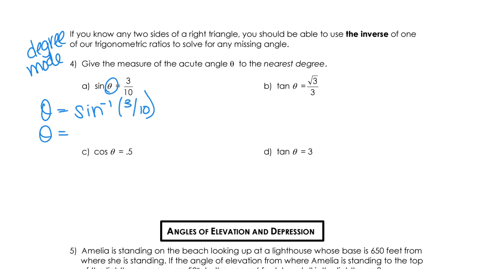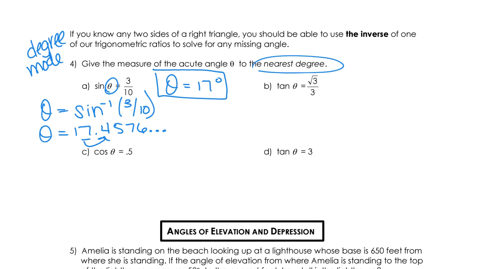So our theta is equal to, once we type this in, 17.4576, okay? Because they said nearest degree, go ahead and underline the 7, look next door, and we'll say theta equals 17 degrees, all right? In part B, again, they want us to solve for theta, so we say theta equals tangent inverse of the square root of 3 over 3.